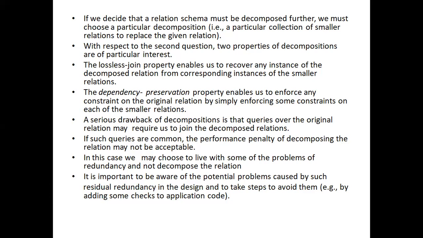If I want to put the same query to R1, R2, and R3, what am I supposed to do? I have to relate that data first with the help of primary and foreign keys. And when I am querying the data based on the relation of R1, R2, and R3, what is it going to do at the backend? Again, joins are going to be performed, which is the same as going back to the main table only. This is a waste of time. That is a performance penalty of decomposing, which is not going to be acceptable.